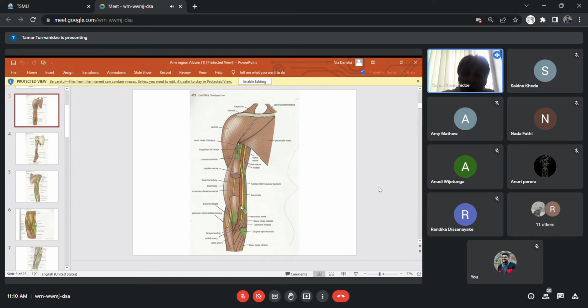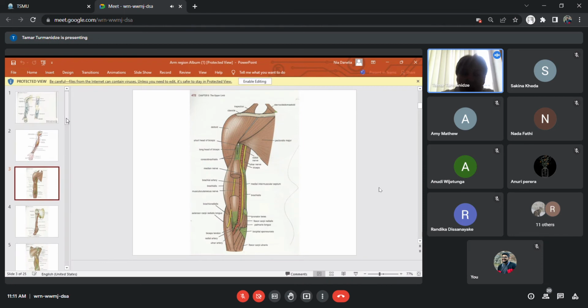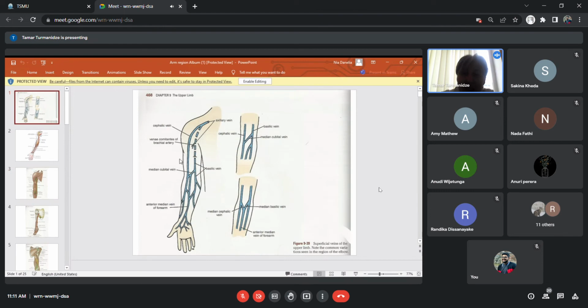On the elbow, we have also two regions, the anterior region of the elbow and the posterior region of the elbow. Superficial layers of the elbow are skin, subcutaneous fatty tissue, and superficial fascia, where on the lateral side of the elbow we have the cephalic vein, and on the medial side we have the basilic vein.